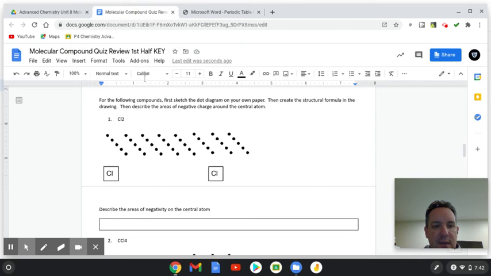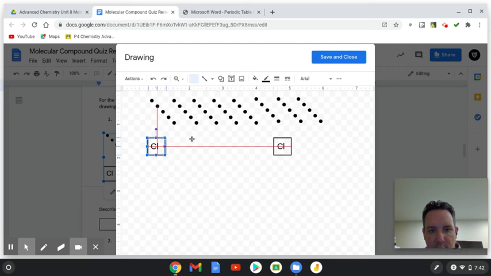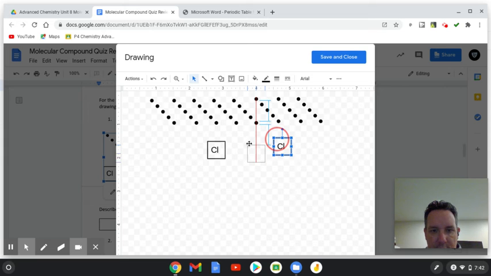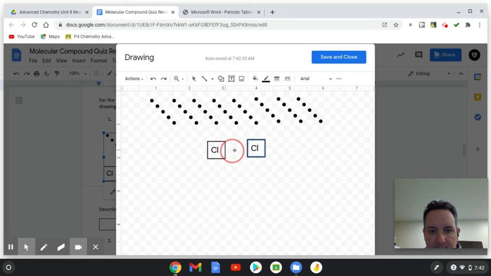So as we make this, I'm going to double click on the drawing. I'm going to move chlorine. I'm going to put my other chlorine. I'm going to go grab my line tool, select a line. I'm going to connect these two with a single line. And then I am going to put my lone pairs on the central atom only.